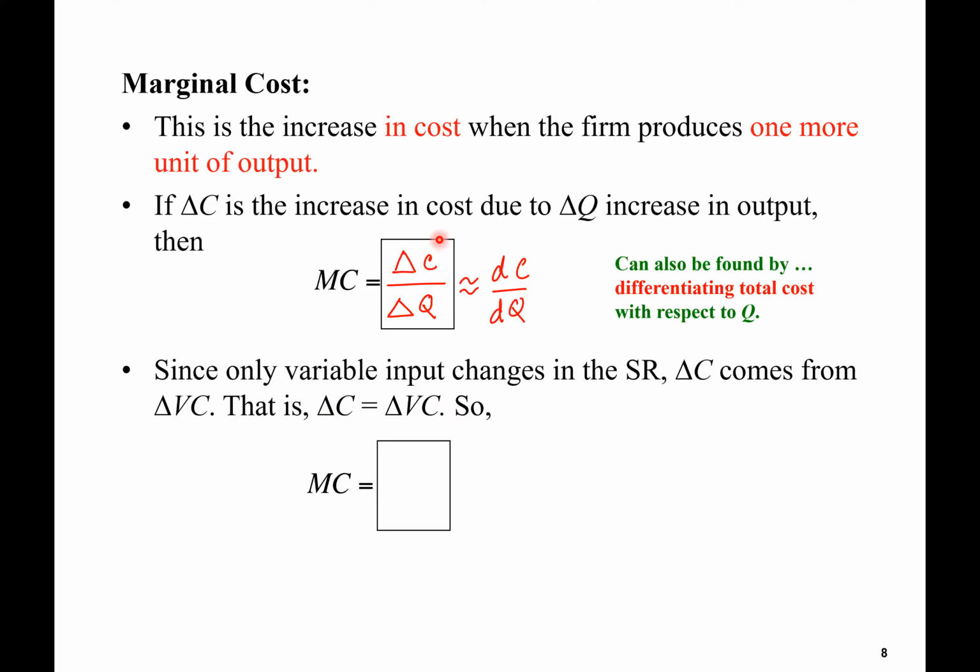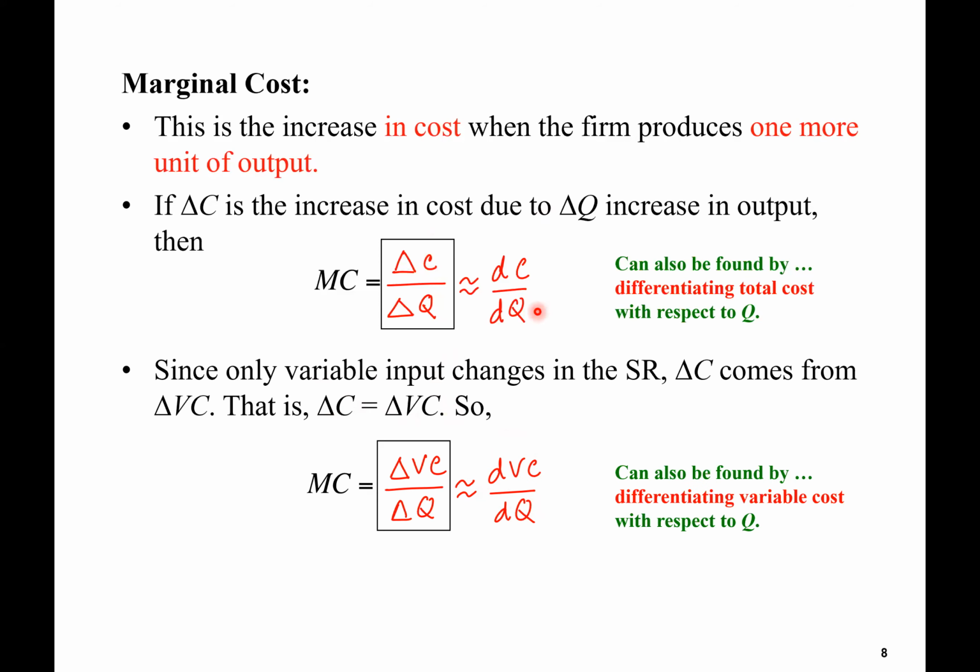So we can rewrite this formula by replacing delta C by delta VC, and we can say that you can find marginal cost by differentiating the variable cost with respect to output. These are basically two equivalent ways of finding the formula for marginal cost.